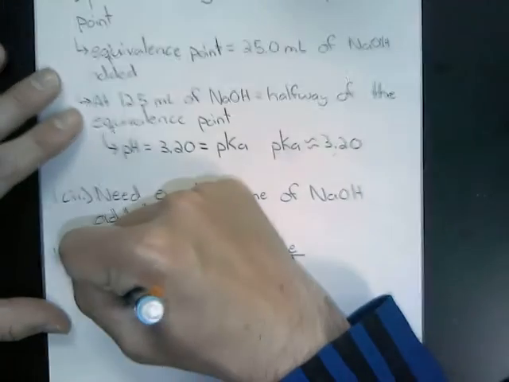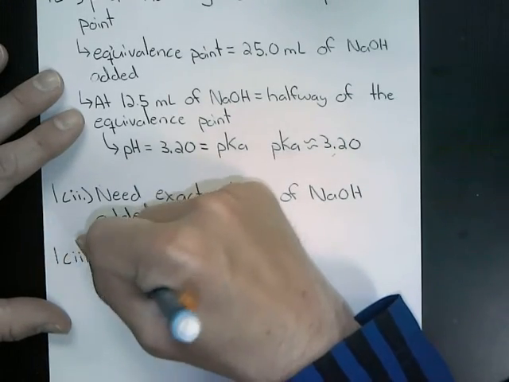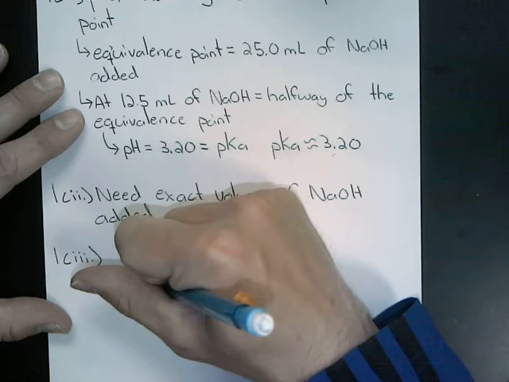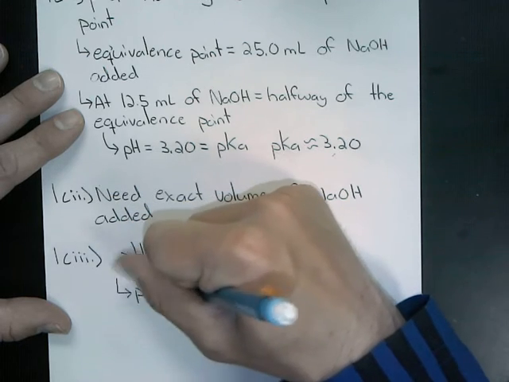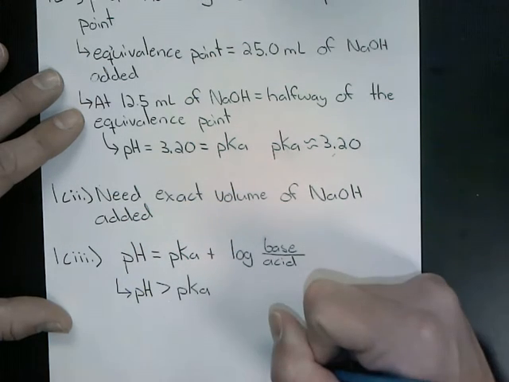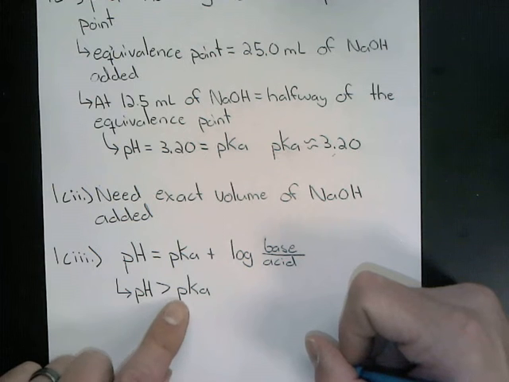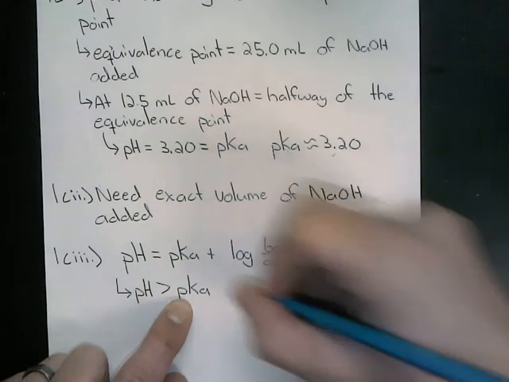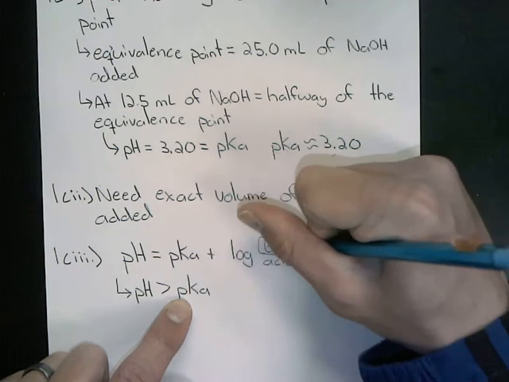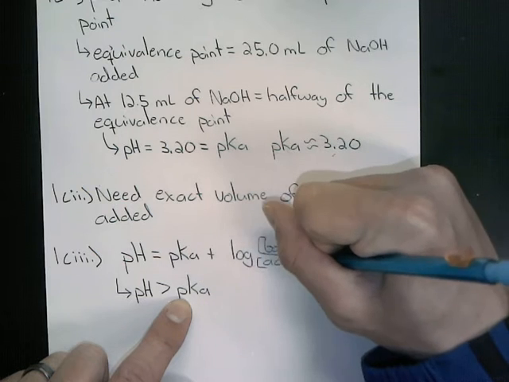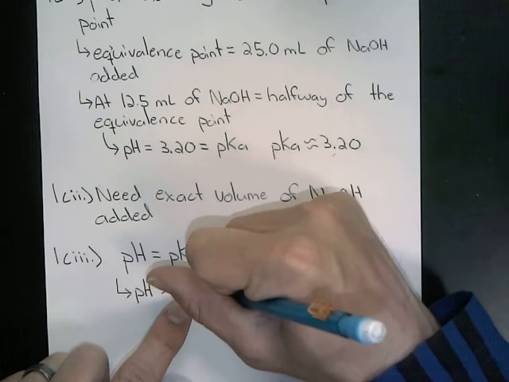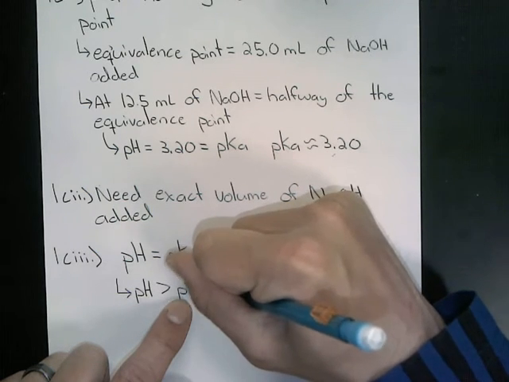So for this to happen, our pH needs to be greater than our pKa value. And when your pH is above your pKa, this causes your concentration of base to be greater than your acid. So I'm going to draw another arrow here.